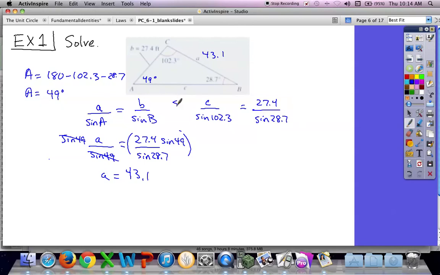Multiply by the sine of 102.3. Cancel, cancel. C equals about 55.8. Right, so we solved it.